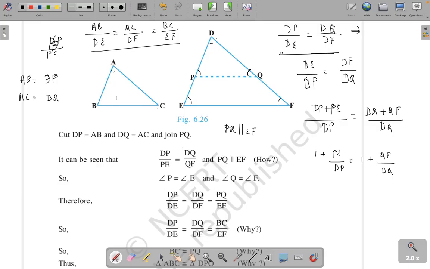From AB upon DE, AC upon DF, we have just used this part. BPT also says DP upon DE is equal to DQ upon DF. If you are taking the whole side, this also equals PQ upon EF.